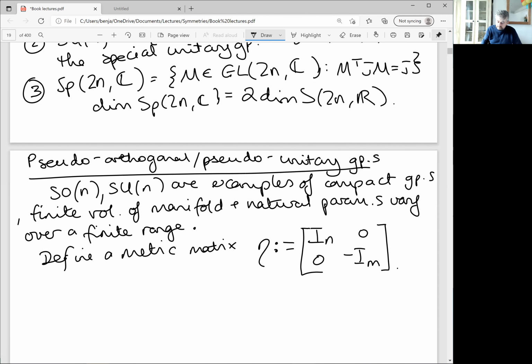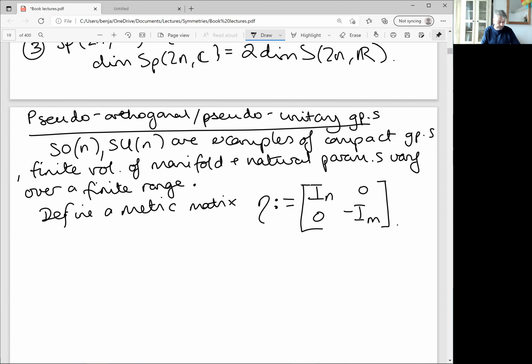I_n is an n by n identity matrix, and there are zeros elsewhere. This is a metric which we can use to define a pseudo-orthogonal group, written O(n,m).